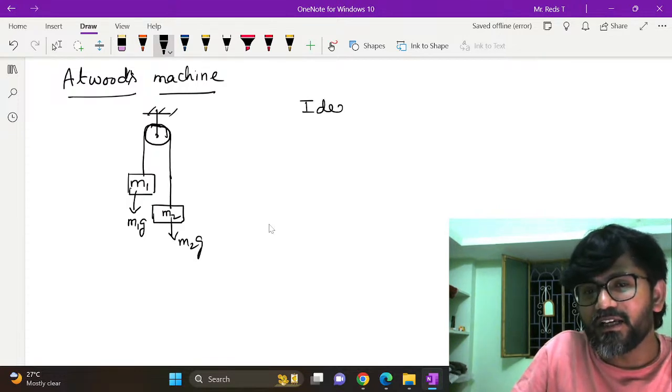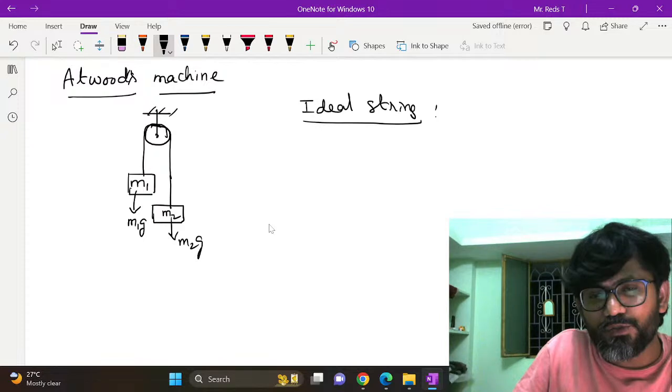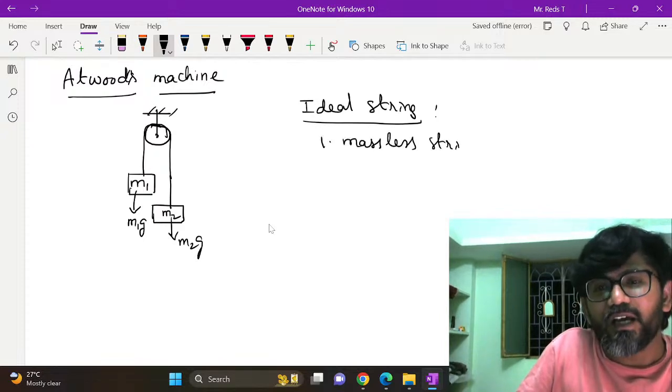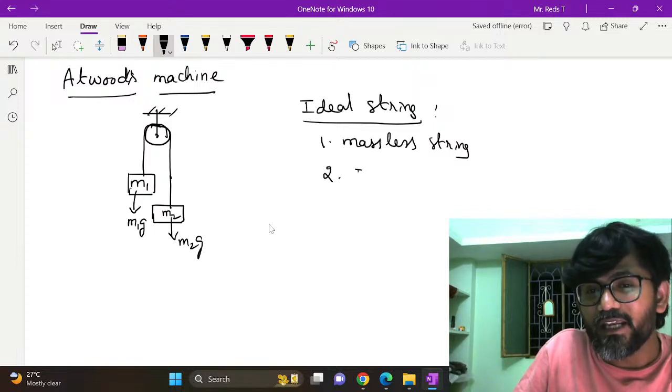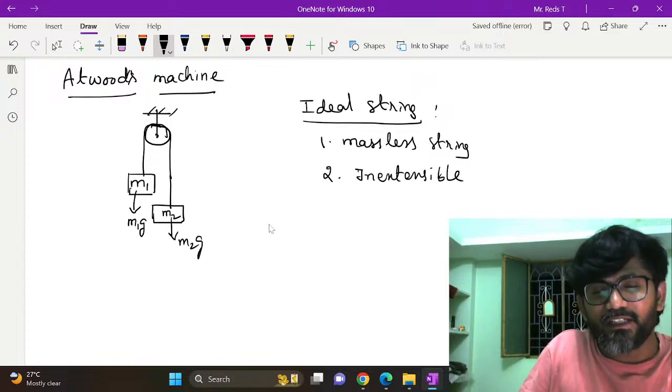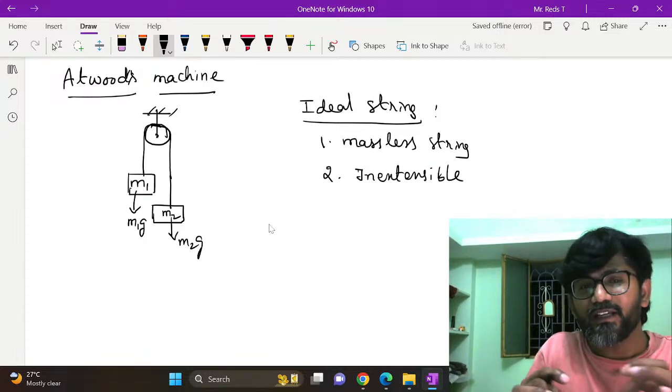An ideal string means it should be massless, and it should also possess a property called inextensible. Inextensible means if a force is acting downwards, the string shouldn't extend; it should be rigid.